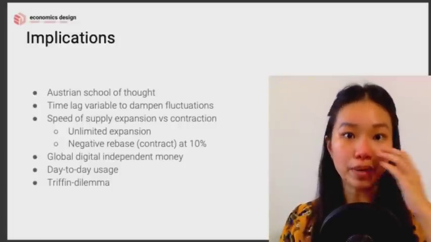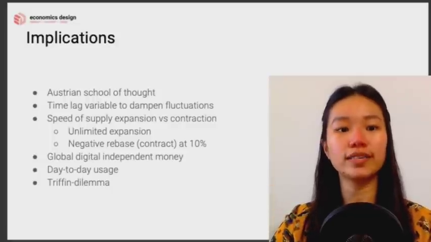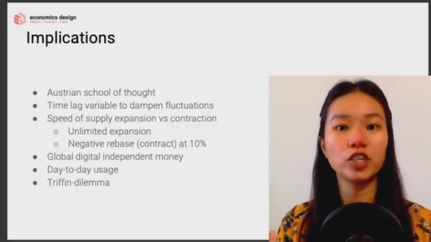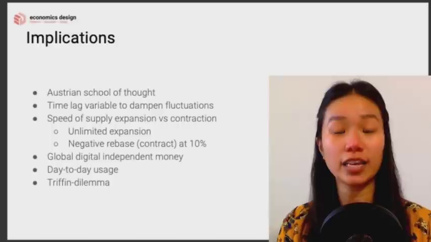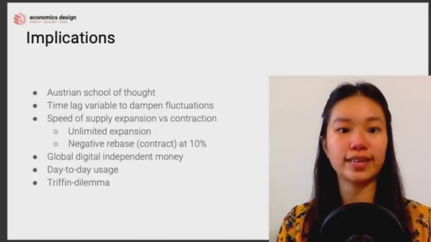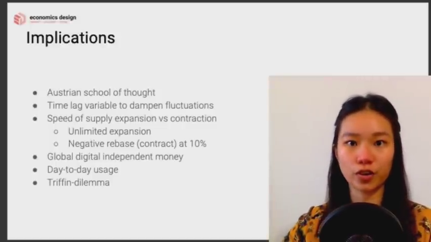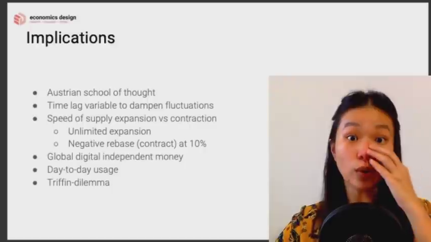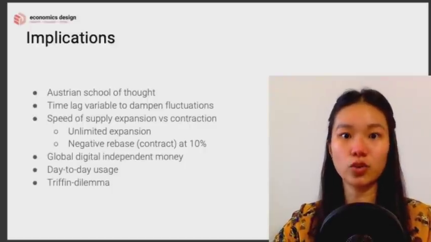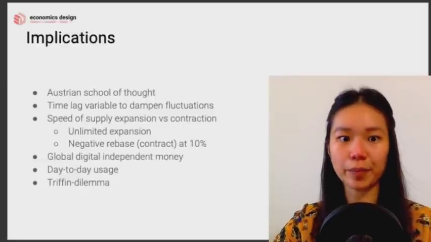And because of the time lag, something interesting to understand is the speed of change, the speed of supply expansion or supply contraction. One thing that they have in their protocol is that there's unlimited expansion. So that means when things are going very good, it will be minting a lot of tokens, which is what we saw, I think 2 weeks ago, where there was unlimited expansion, increase in supply.